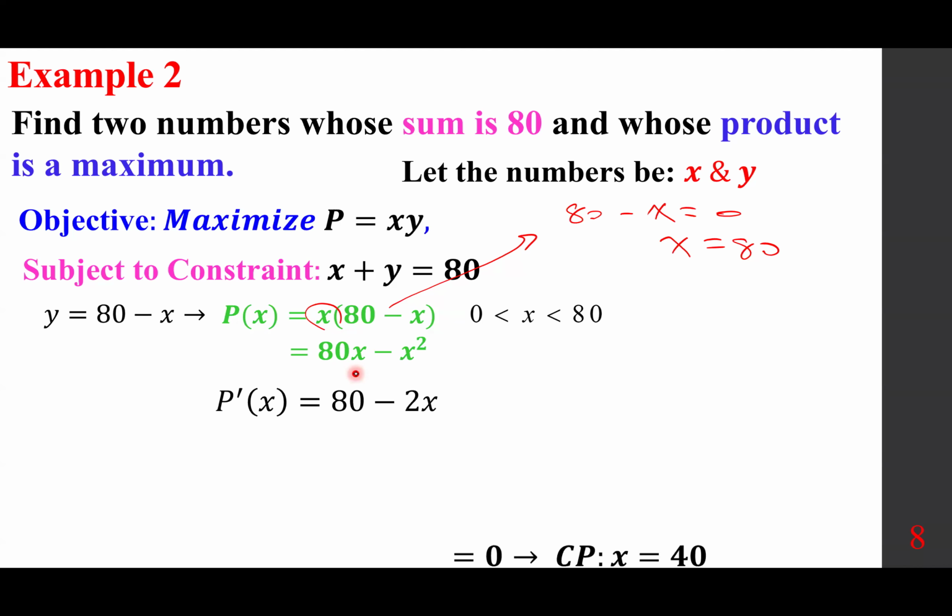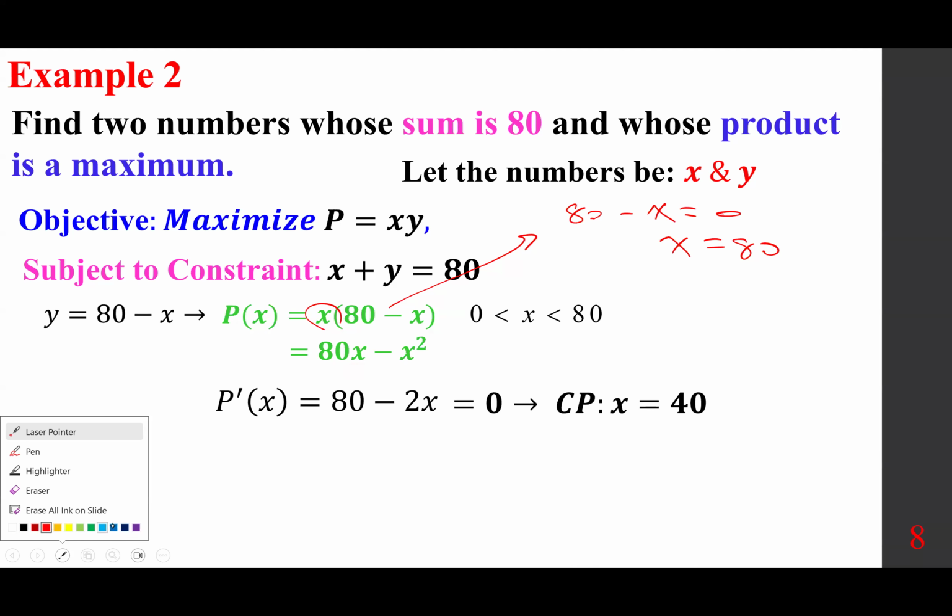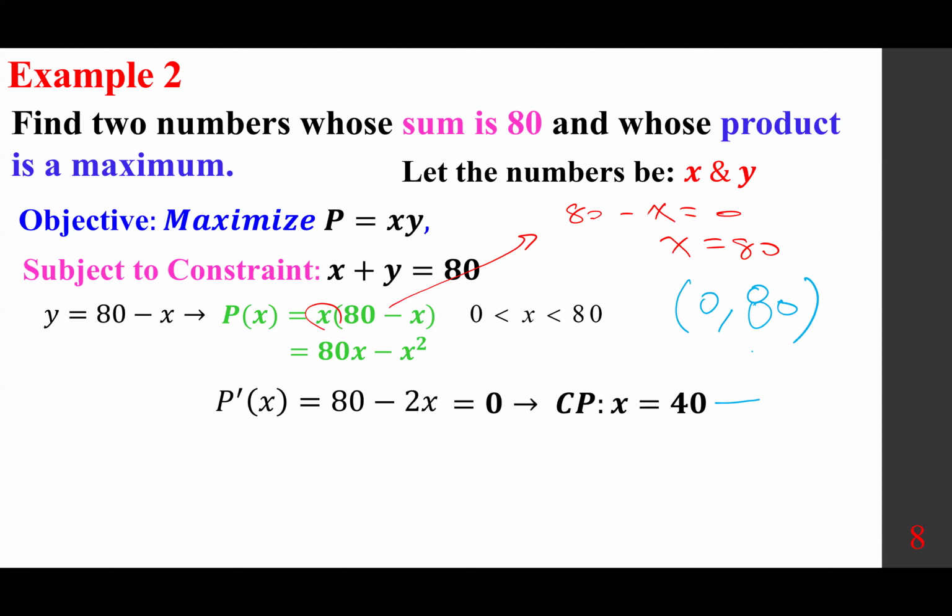Set it equal to 0, x becomes 40. So we have an open interval of 0 to 80 with only one critical point.